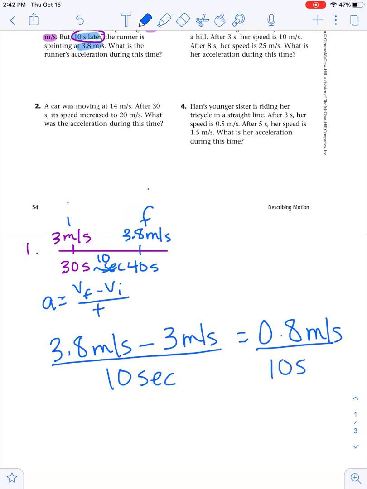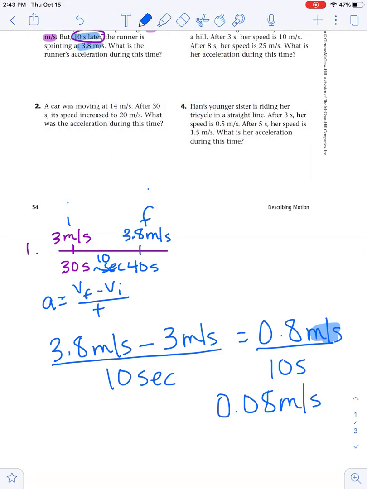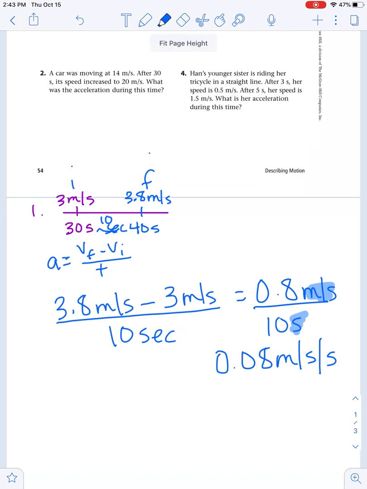So far, so good? All right, so we are going to plug that into our calculator, and 0.8 divided by 10, we come up with 0.08 meters per second. And per second, that's this part right here. We have to include everything.